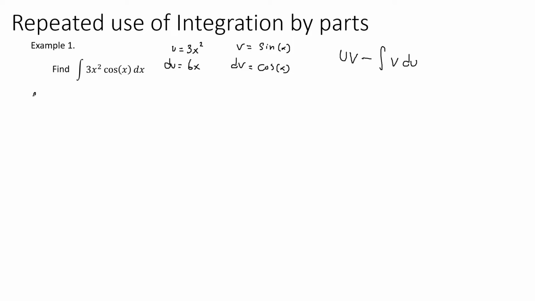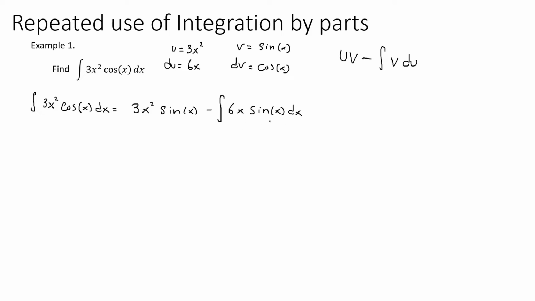So the integral of 3x squared cosine of x dx is equal to 3x squared times sine of x minus the integral of v du. V in this case was sine, du is 6x, so 6x sine of x dx.